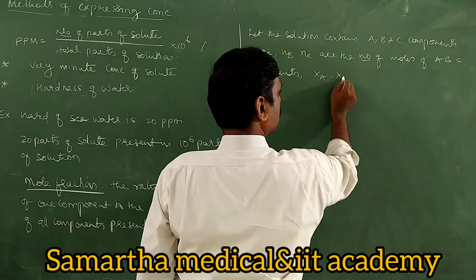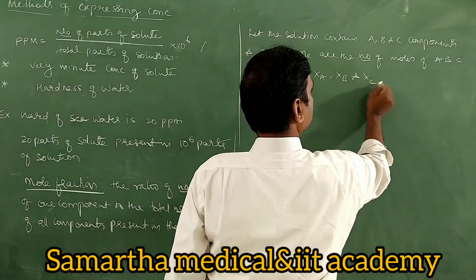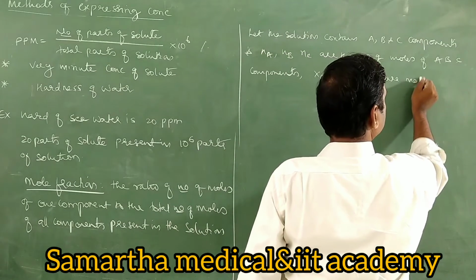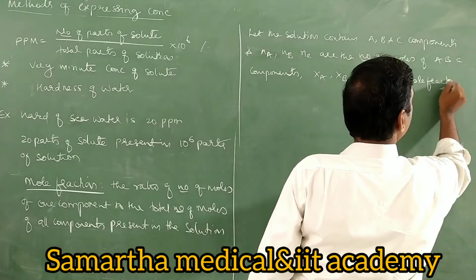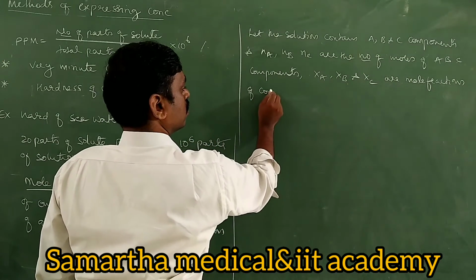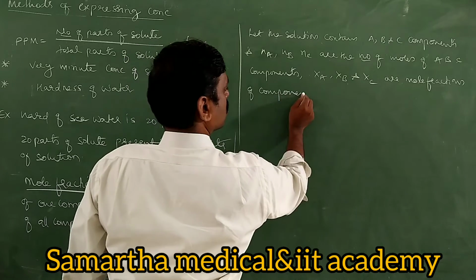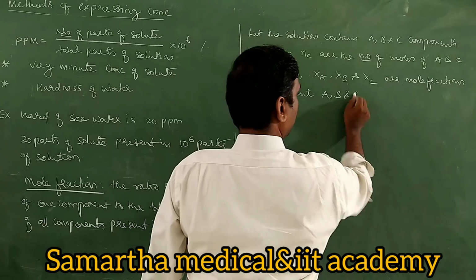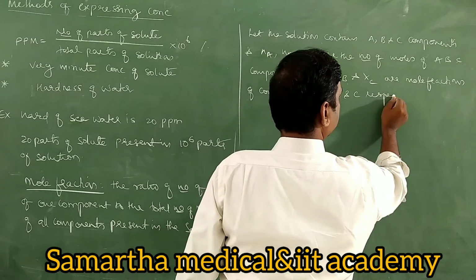XA, XB and XC are the mole fractions of the components A, B and C respectively.